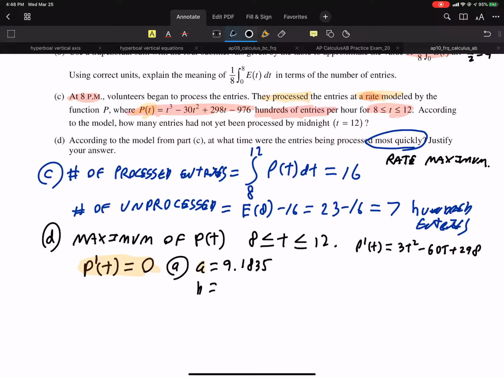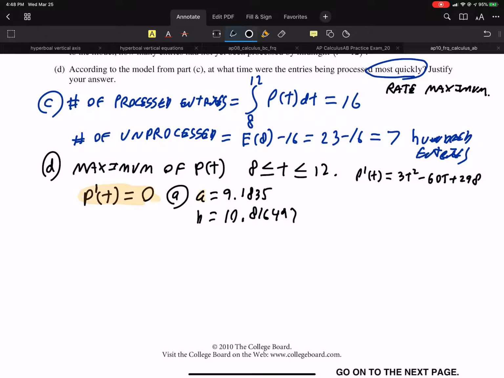And that's at 10.816497. And also store that, so X store in B. So I found the critical points, and a reminder again, maximums occur at critical points or endpoints. So at this point, I need to find the value of P at the endpoints and at the critical points.